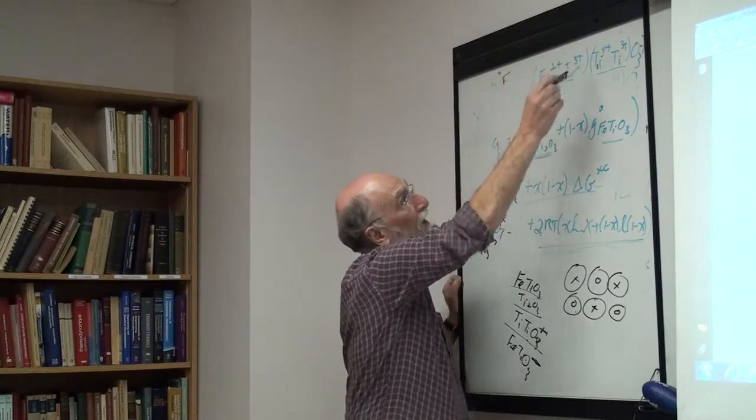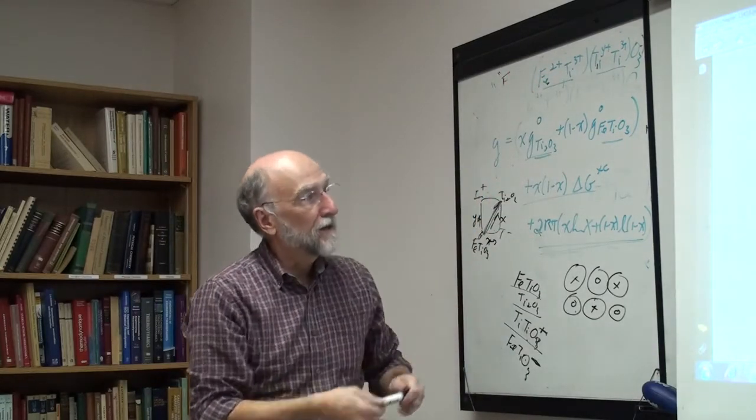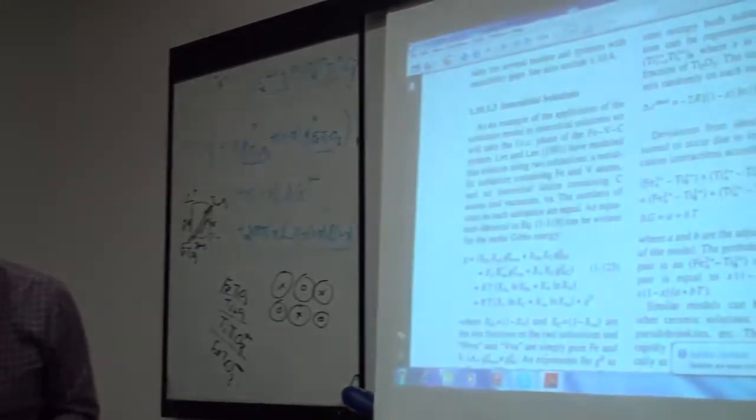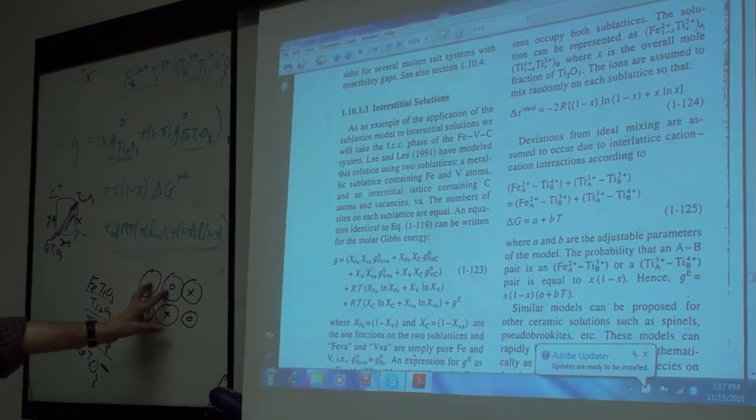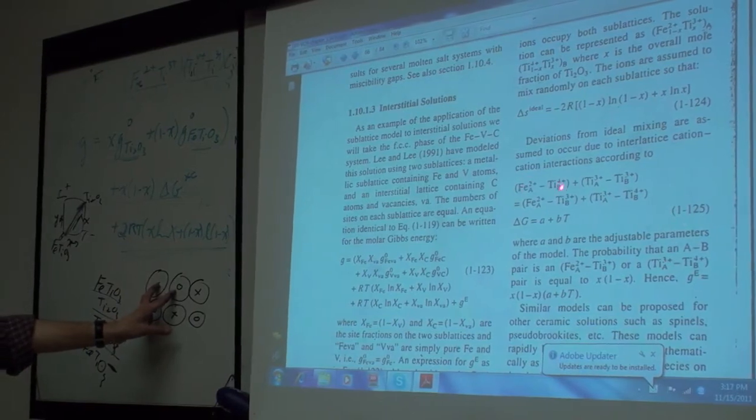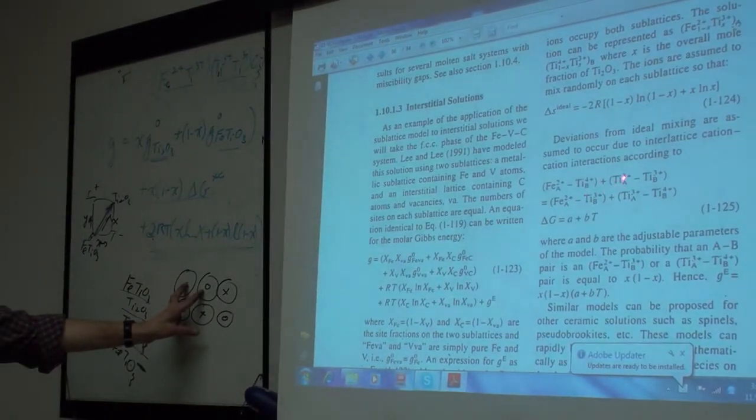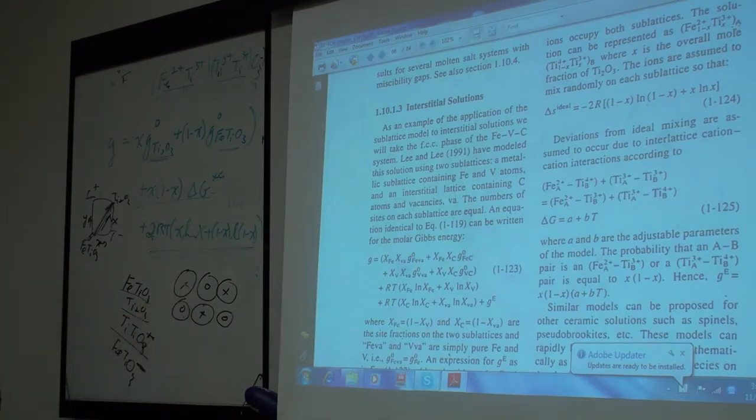It's a pair of iron 2+ on the A site and titanium 3+ on the B site, plus titanium 4+ on the A site and titanium 3+ on the B site, and that gives you a pair exchange. It's the exchange of nearest neighbors.